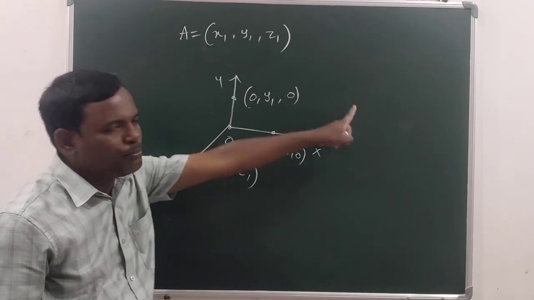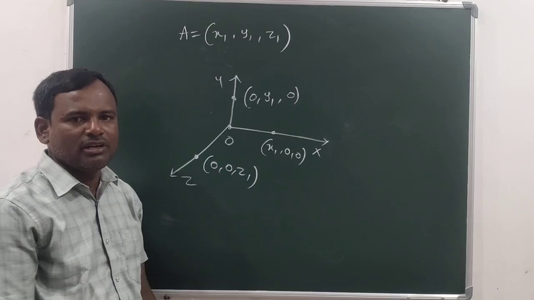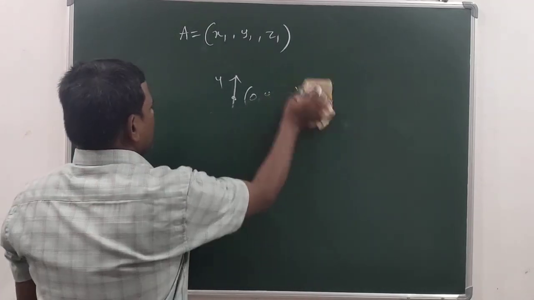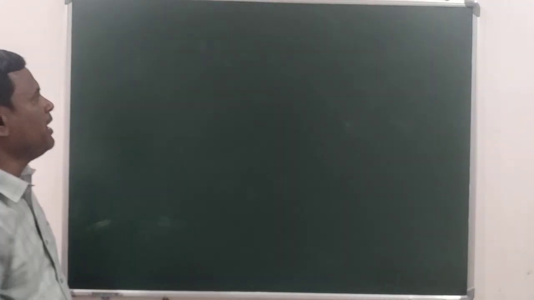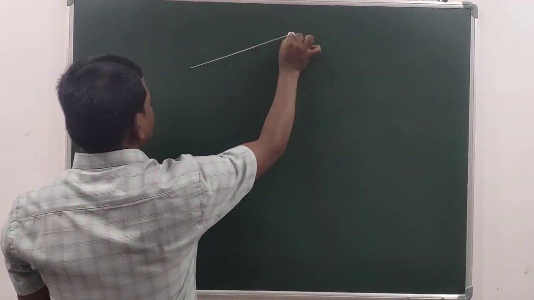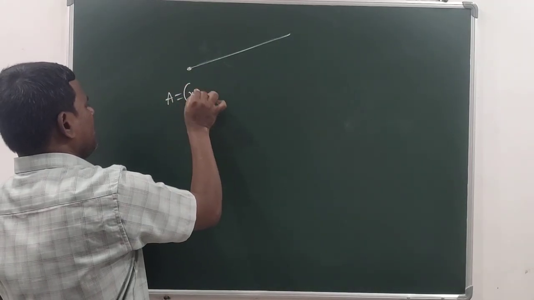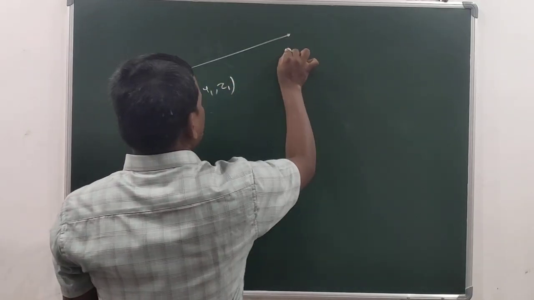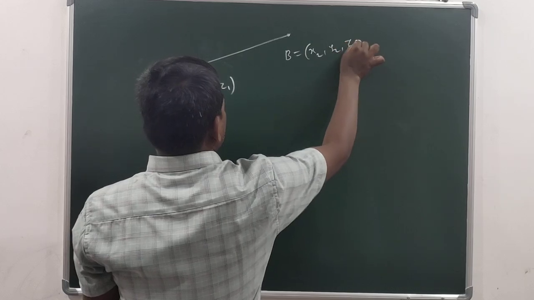Projection is nothing but the foot of the perpendicular. You learned the meaning of this in straight lines. Right? Suppose two points are given: A (x1, y1, z1) and B (x2, y2, z2).